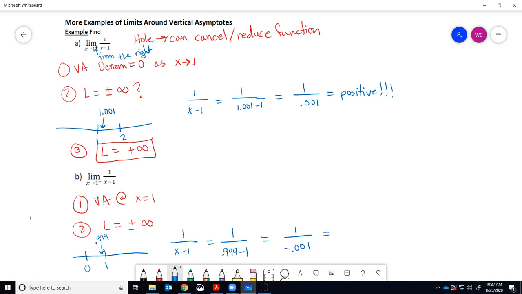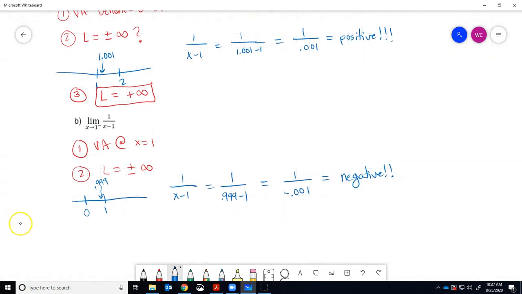So this is going to be a negative value. What does that mean? The closer we get to 1 from the left, the more and more negative we're going to go. So what is the official limit that we're approaching if we approach 1 from the left? Negative infinity. Okay? So that's if you have one asymptote, one simple function, just so basic.